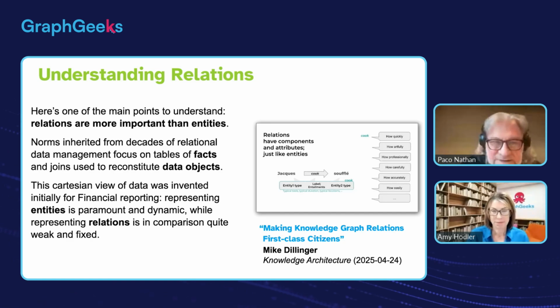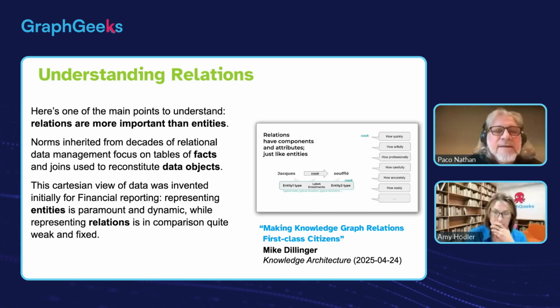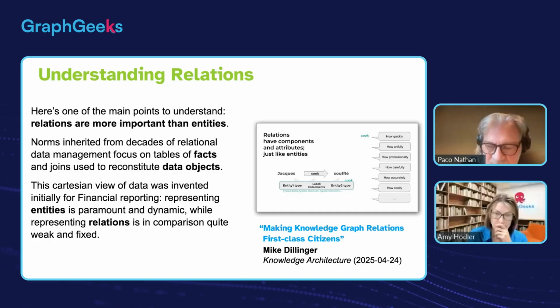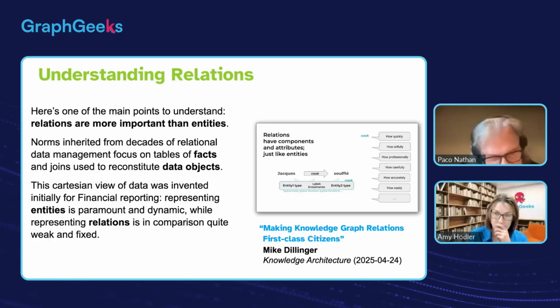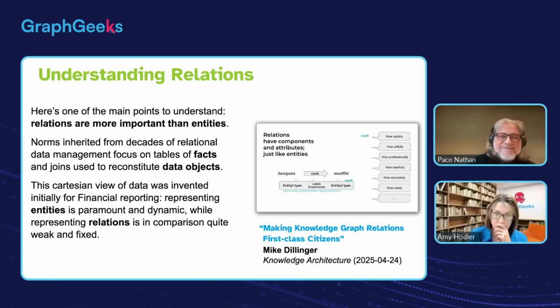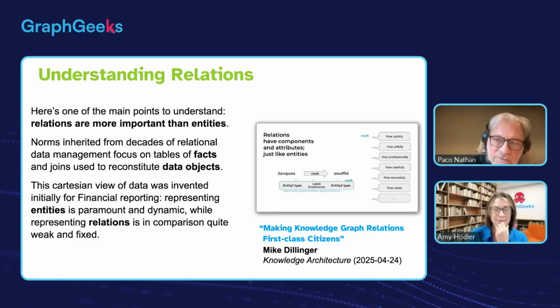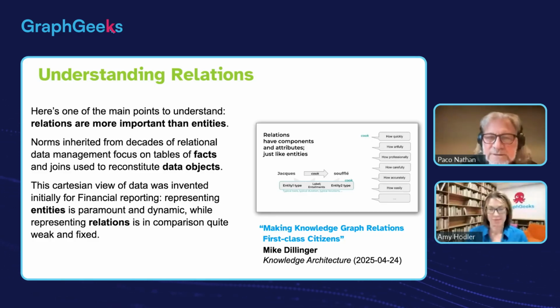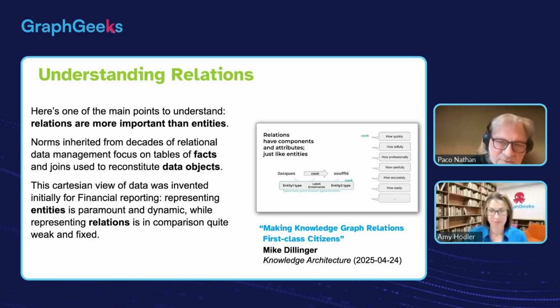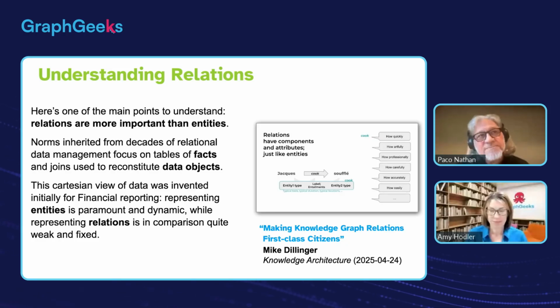I want to say something, and I want to highlight it more than anything else I say, that when you're working with connected data, when you're working with graphs and graph technologies, regardless of what anybody else says, relations are much more important than entities. The relations in the graph are the important thing. And this is what really distinguishes graph work from relational database management.